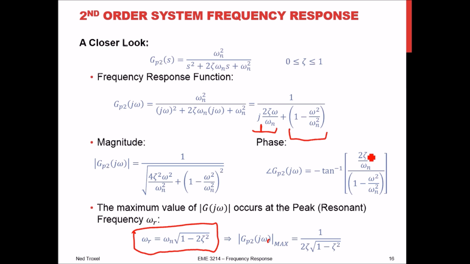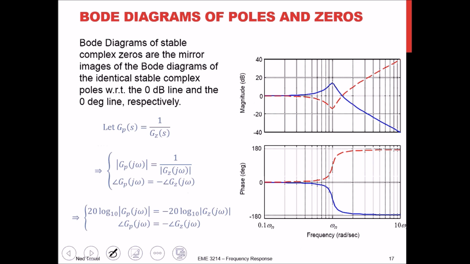Okay, so the imaginary part is 2 zeta omega divided by omega n. That will be non-zero at omega n. And this one will be 0, and so the phase will be minus 90 degrees. Okay.